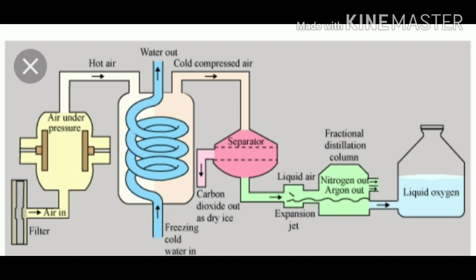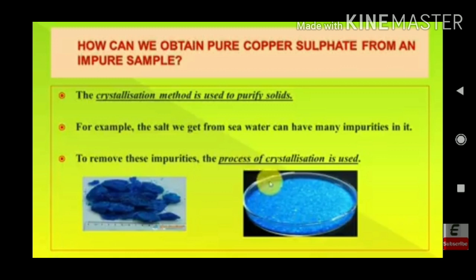Now we will study how to get a pure solid from an impure sample. For this, let us perform an activity in the lab and learn how it can be done. A pure solid can be obtained from an impure mixture by the process of crystallization.